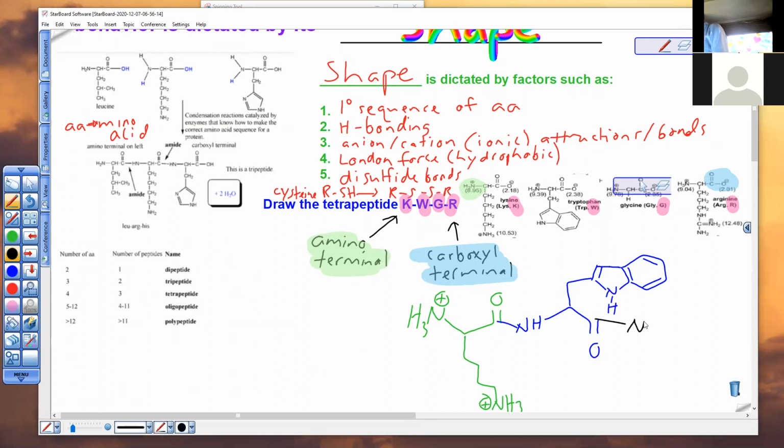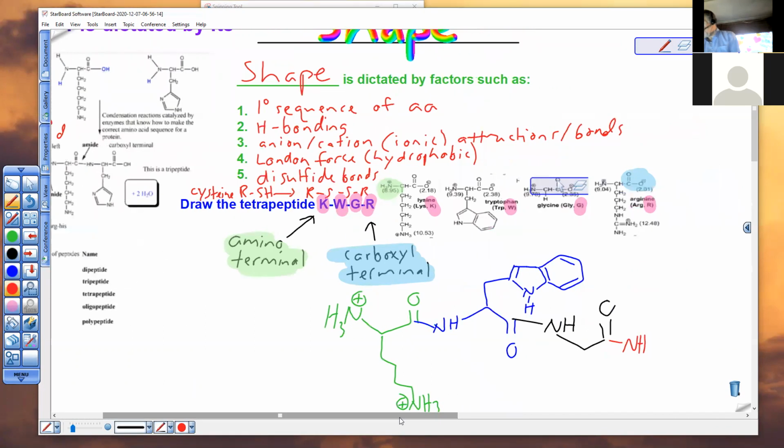Carbonyl to NH to carbonyl. Now it's a repeating pattern here, huh? NH, carbon, carbonyl. NH, carbon, carbonyl. NH, carbon, carbonyl. NH, carbon, carbonyl. And now glycine is boring. It has no group there. It's a CH2. Just leave it. And then arginine has its own NH. And a little more room over here.